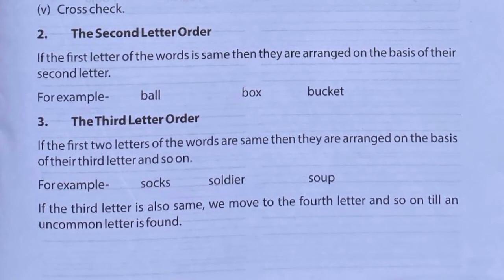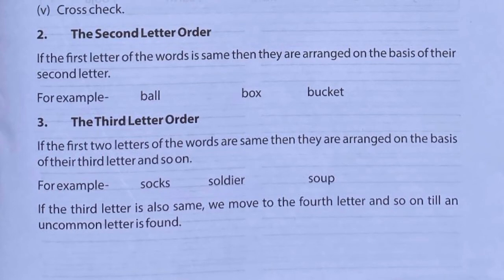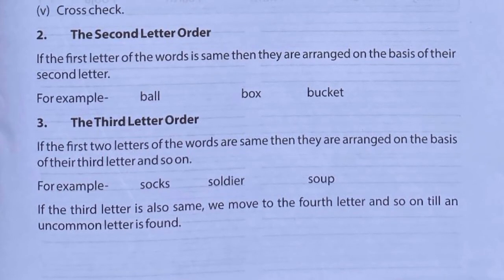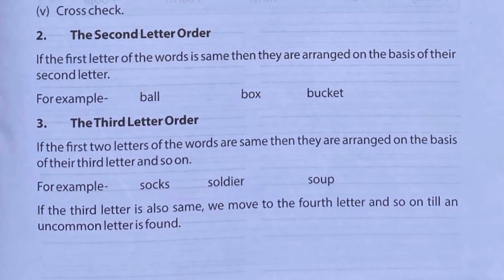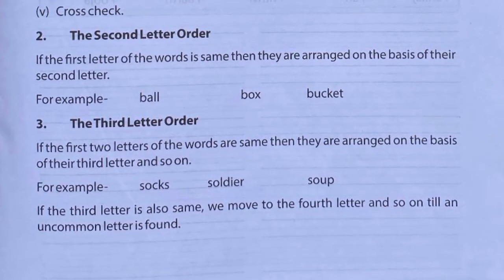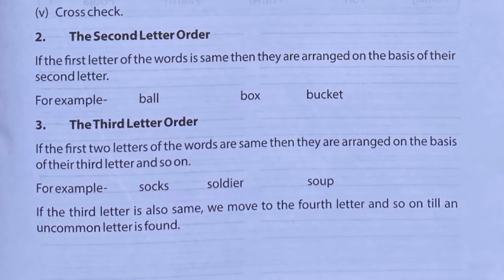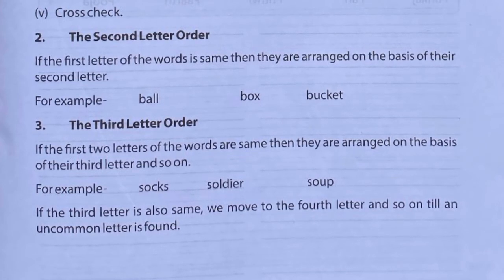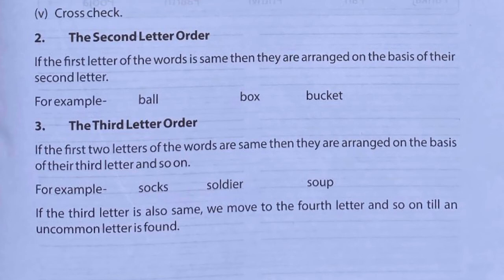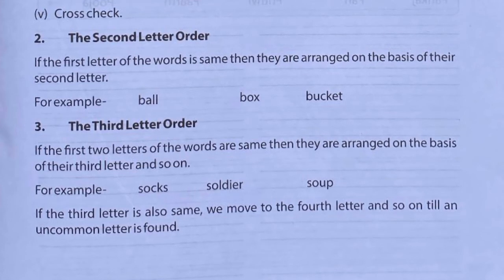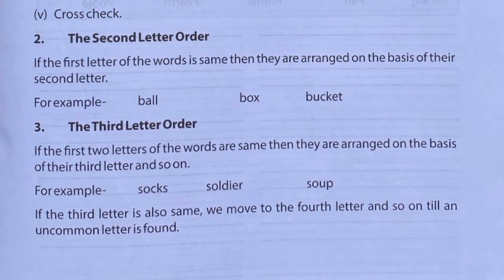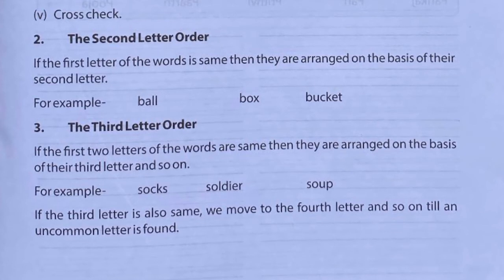All three words start with SO, so we have to concentrate on the third letter. In socks, C comes first in ABC, soldier with L comes second, and soup comes third. And like that we have to follow further also.